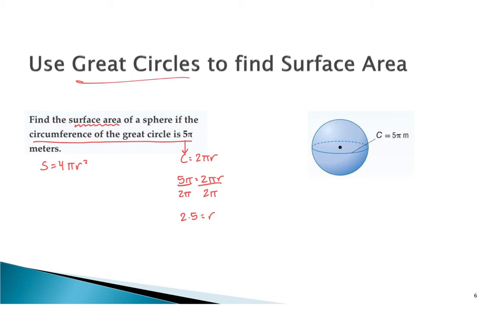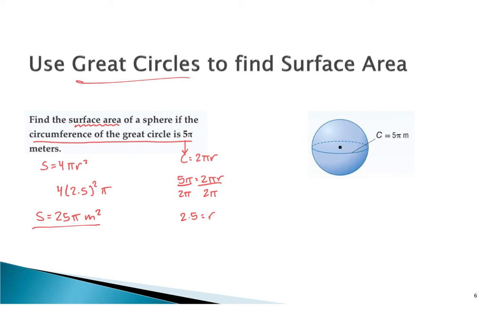And now I'm going to take that and plug it straight on in. So I have 4 times 2.5 squared pi. And my surface area is 25 pi meters squared. Ta-da! So that's how you use the great circle.